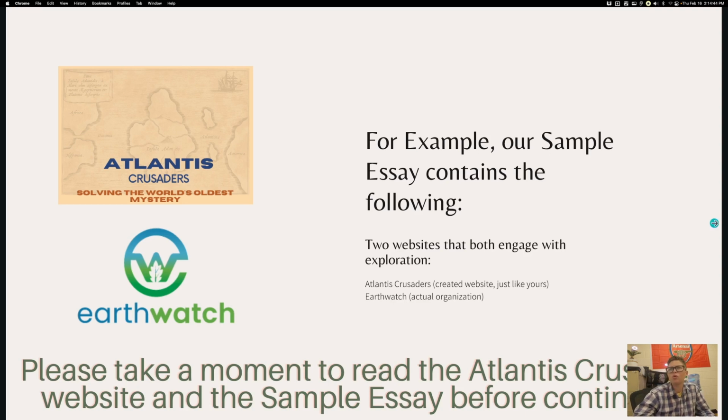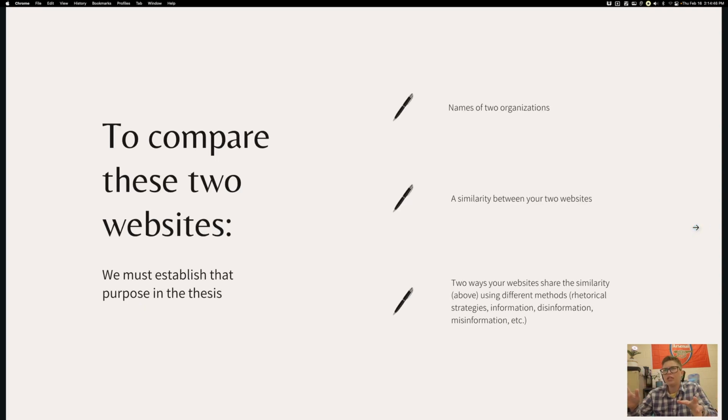Now, to compare them, we need to establish our purpose. Okay, again, we need the names of the two organizations, a similarity between their websites, right? That big thing that makes their purpose similar.